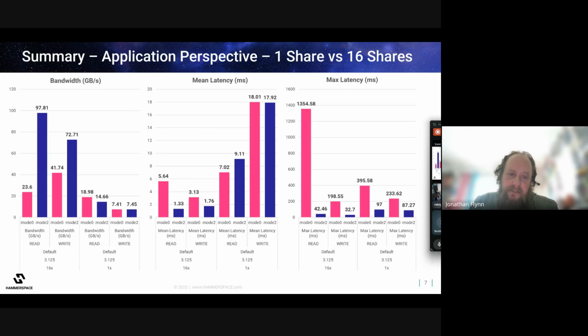When you are smaller than page cache, as you would expect, my read performance is not only that of the NVMe drive; if I can fit entirely within page cache, I will get the speed of the network, because the network is the next limiting factor, typically not the memory speed.